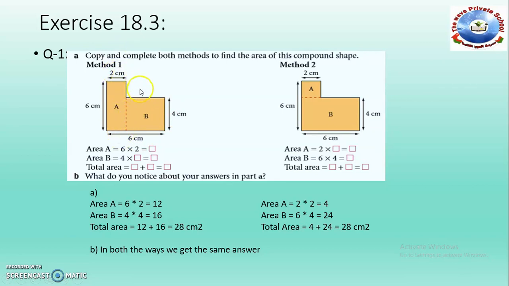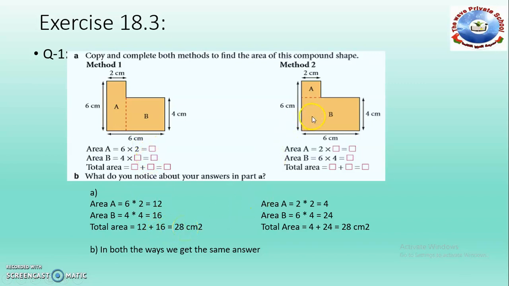So 4 multiplied by 4 will become 16 centimeter square. After that, what you will do? Just add all these areas. So total area will become 12 plus 16. It will become 28 centimeter square.